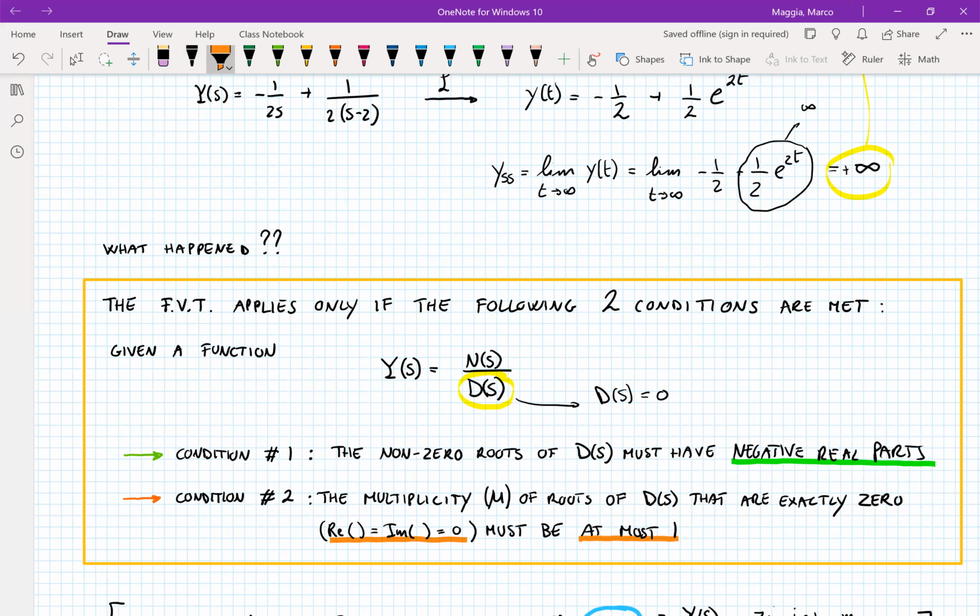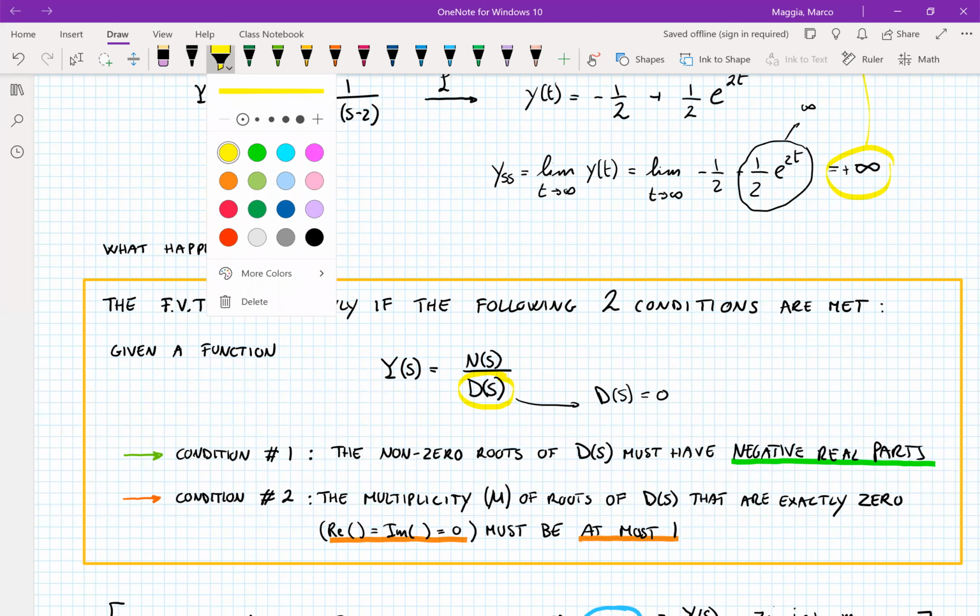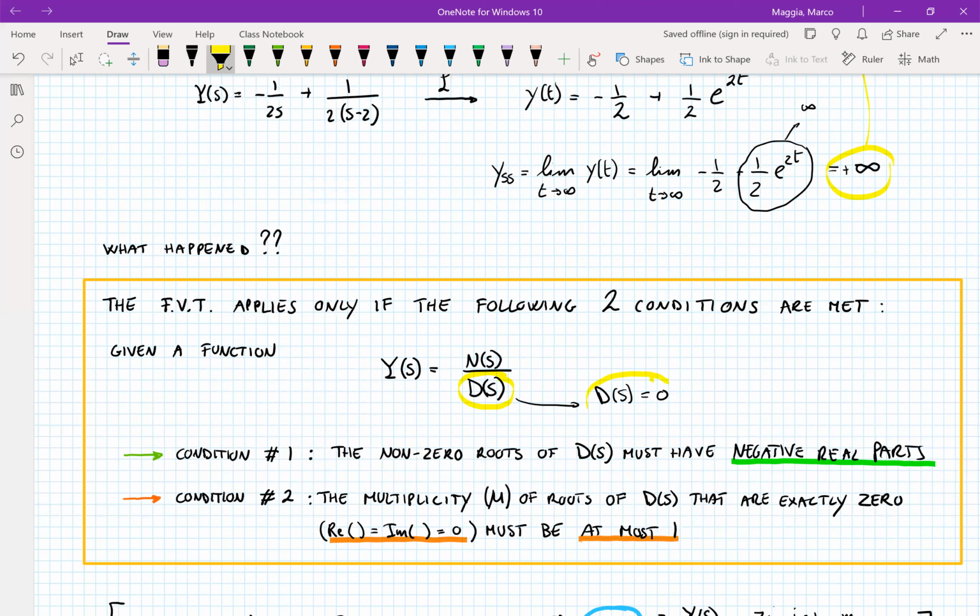So let me repeat. Once we compute all the roots of the equation d of s equals 0, we write them down and we see how many 0 roots we have. If we have more than one 0 root, then condition number 2 does not apply.